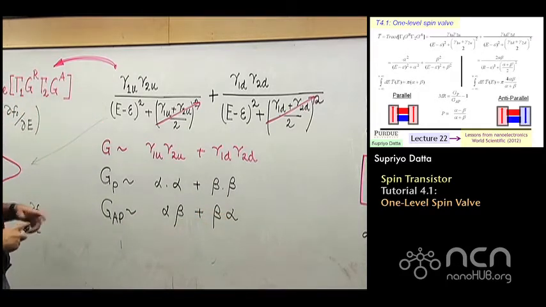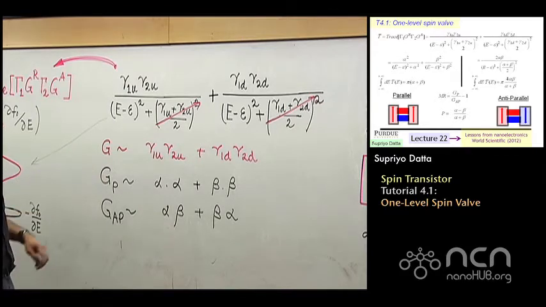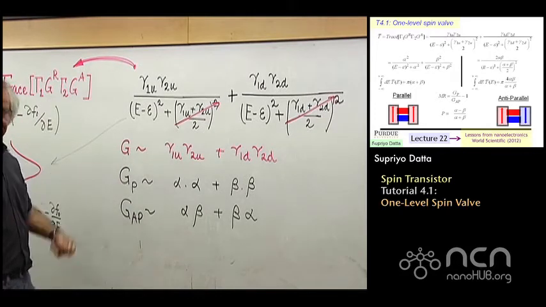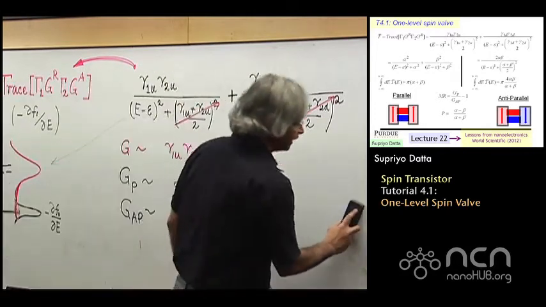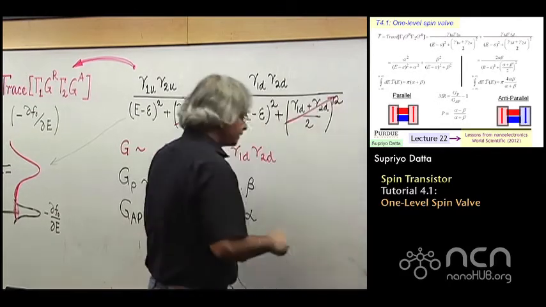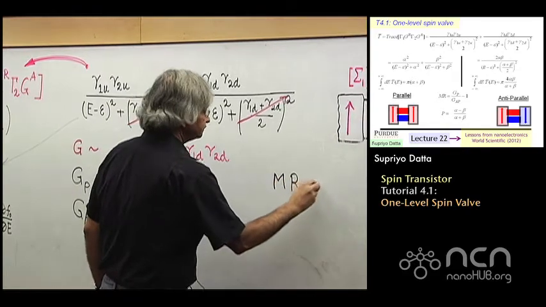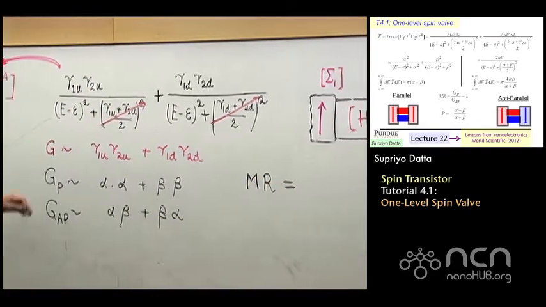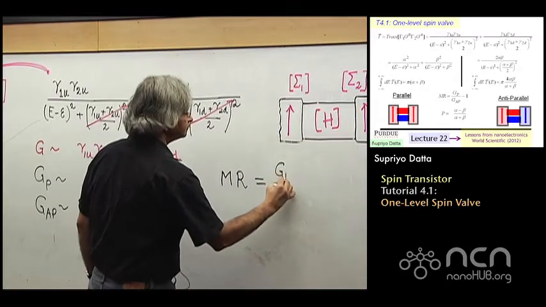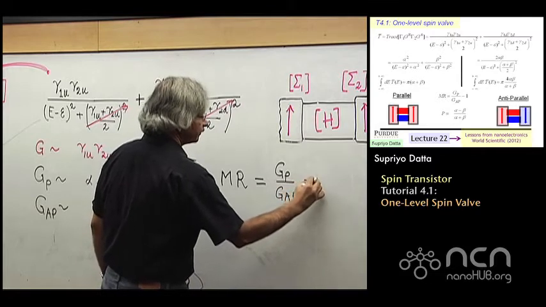And what we need is this magnetoresistance that people define. That's given by the ratio of these minus 1. So the way you usually define it is that magnetoresistance would be like G_P divided by G_AP minus 1.